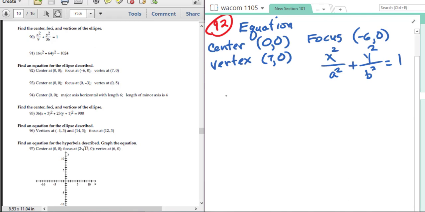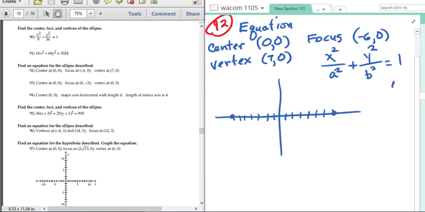And so let's do a little graph. My center is (0, 0). I have a vertex at (7, 0). And if it's called a vertex, then that is the major axis. 1, 2, 3, 4, 5, 6, 7, and 1, 2, 3, 4, 5, 6, 7.